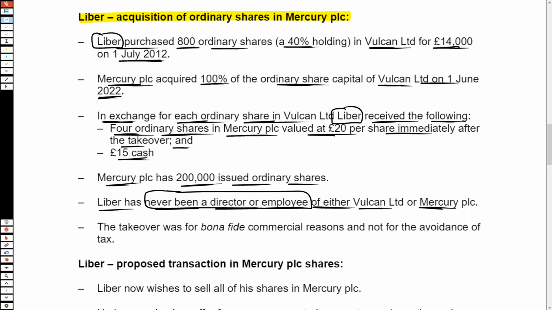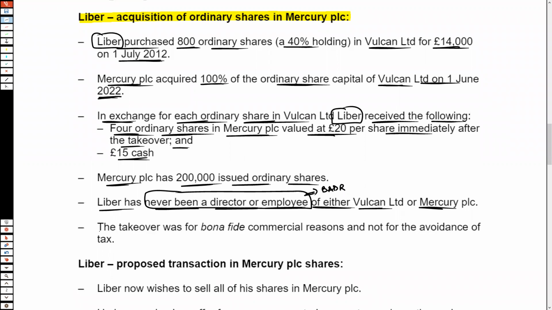This statement is given because when there is a person who is an employee or director of the company holding more than 5% shares, and if the holding period is more than 2 years, then the gains may qualify for BADR, business asset disposal relief, but both conditions should be met.